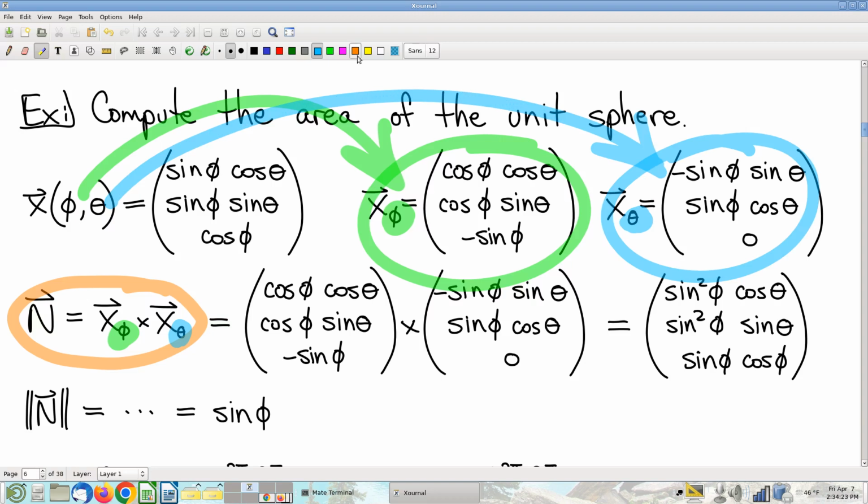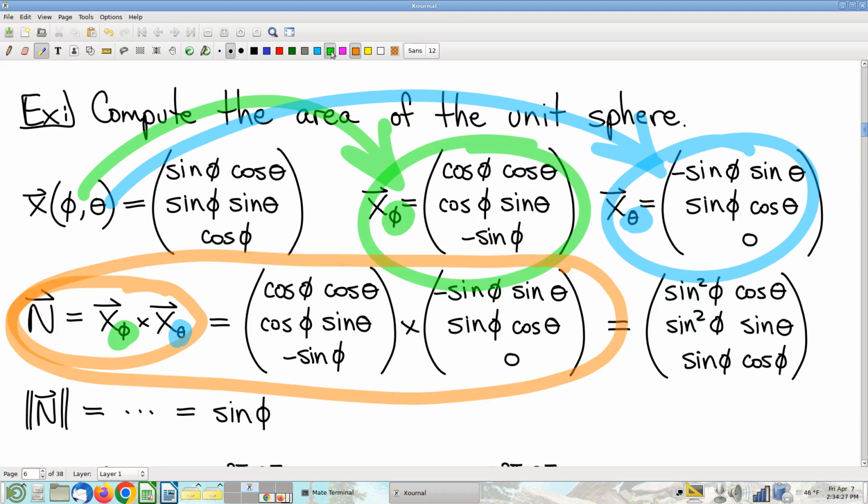And cranking out that cross product, the green phi partial cross the blue theta partial, there are some Pythagorean identities that show up in the process of doing that cross product. This is a healthy exercise. Everybody should do this, just so you've been down this road once before.